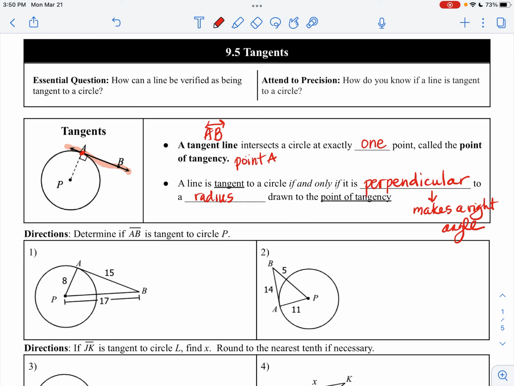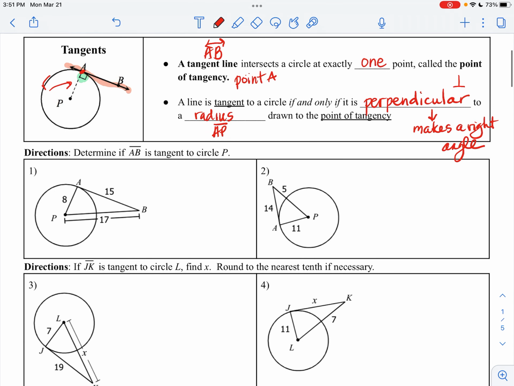So our radius is AP. There's our radius. And we have a right angle here that indicates that AB is a tangent to the circle at point A. The symbol for perpendicular, if you remember, is this upside down T. All right, so let's see what we can do with this.